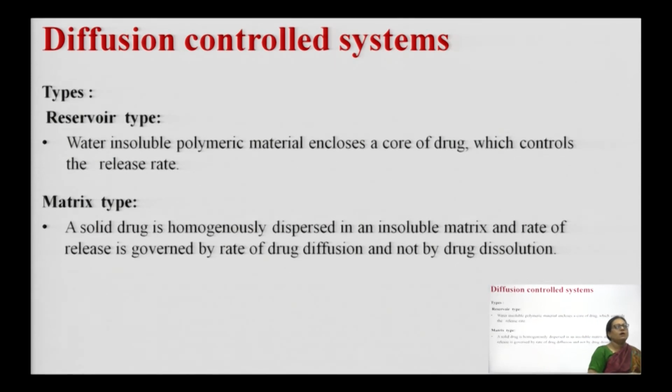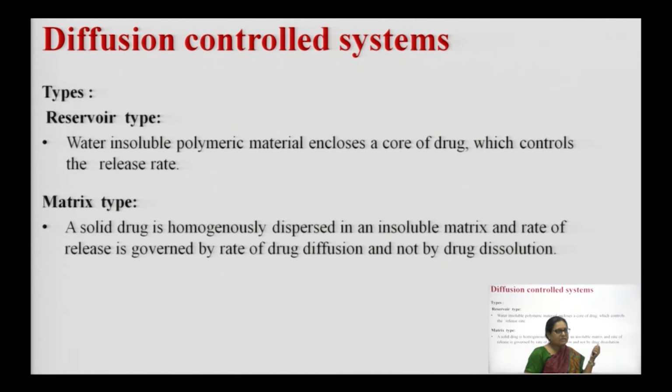Again, these diffusion controlled systems are of two types. We have got reservoir type of systems and matrix type of systems. In reservoir types of systems, water insoluble polymer material encloses a core of drug which then controls the rate of release of the drug. Matrix type of system, in this case the solid drug is homogeneously dispersed in an insoluble matrix and rate of drug release is governed by rate of drug diffusion and not by drug dissolution.